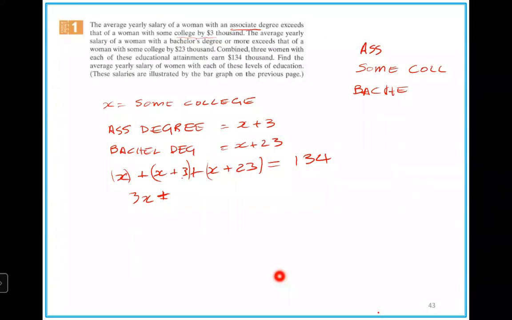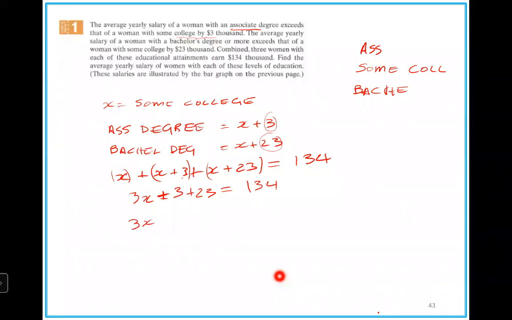Remember, we have a 3 and we have a 23. Oh, so plus 3 plus 23, and that's equal to 134.